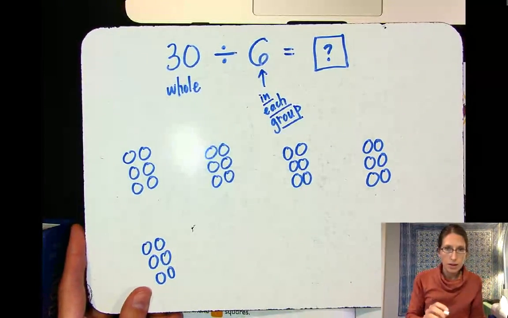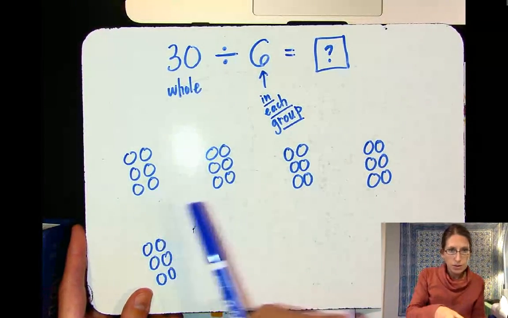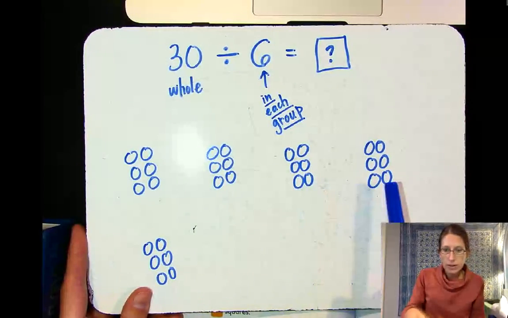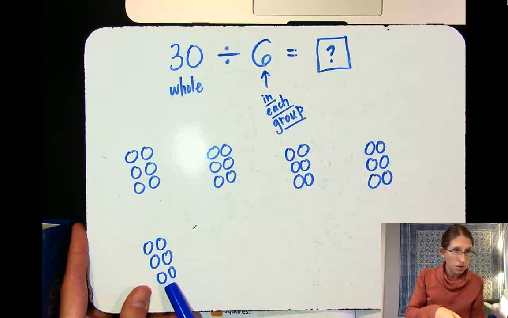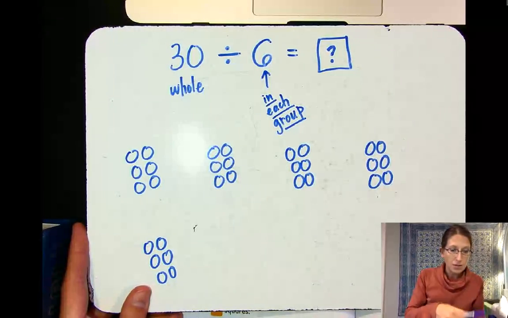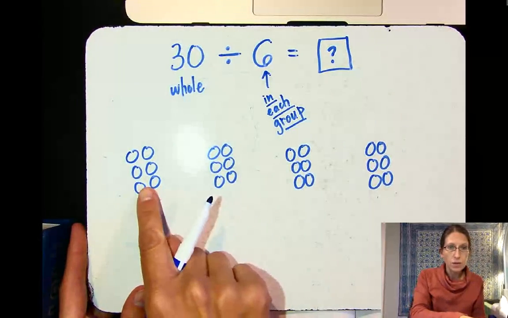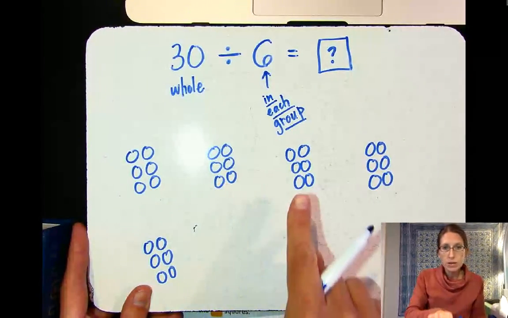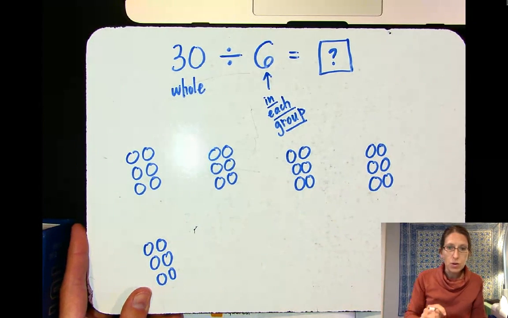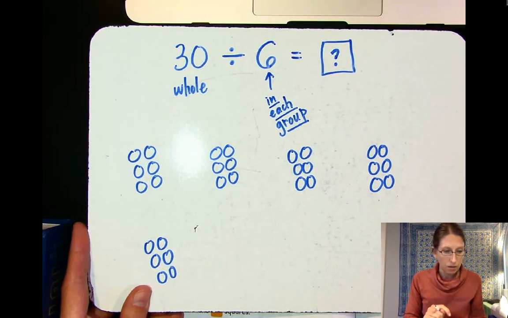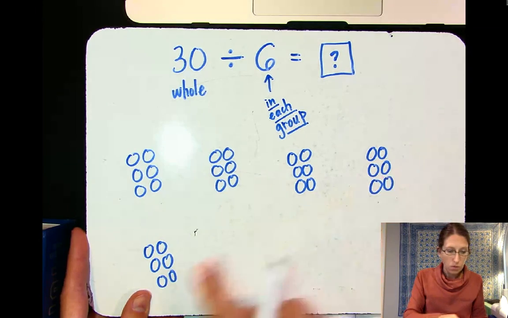Let's see, can I keep going? 6, 12, 18, 24, 30. Yeah, so I have groups of 6. Here's a group of 6, group of 6, group of 6, group of 6, group of 6. Now our answer is going to be how many groups are there? 1, 2, 3, 4, 5.